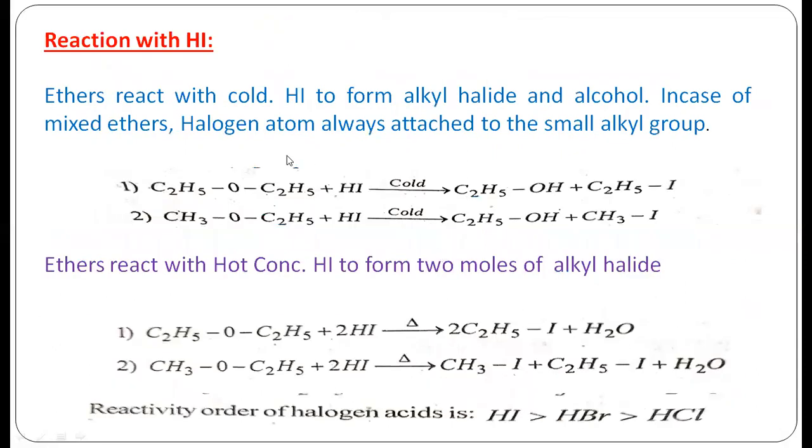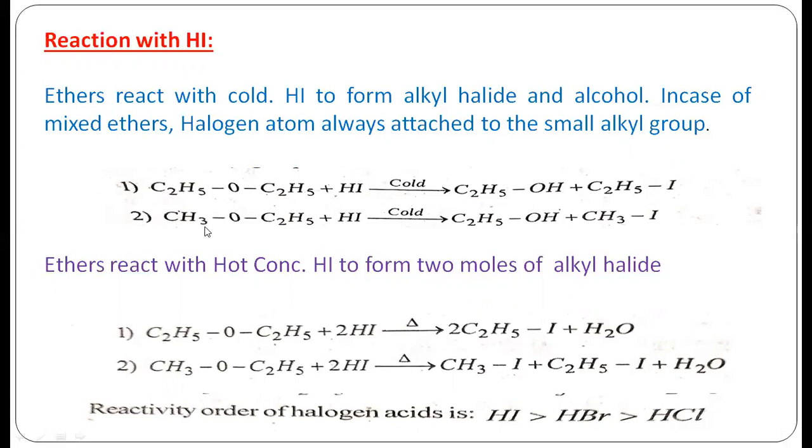Another reaction: ethers react with cold HI, that is hydrogen iodide, to form alkyl iodide as well as alcohol. So this is diethyl ether; when it reacts with HI, it produces ethanol as well as ethyl iodide.